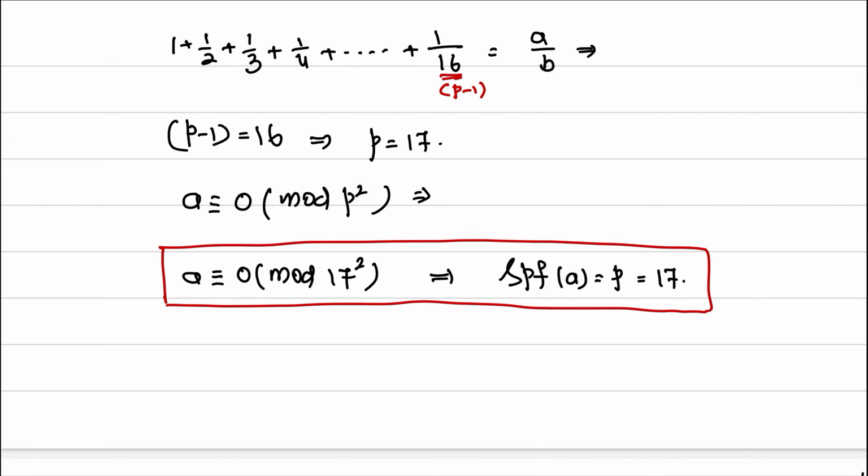That means the smallest prime factor of a is equal to 17. Please, as a homework, try to verify this theorem by using p is equal to 5. If p is equal to 5, can we apply this theorem? Try to find out. This is homework.